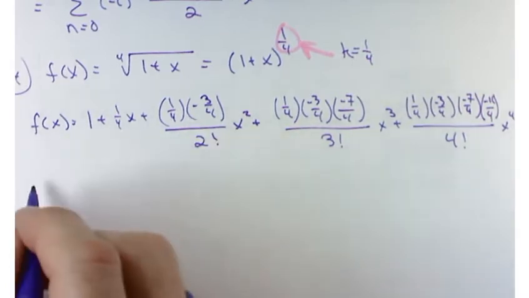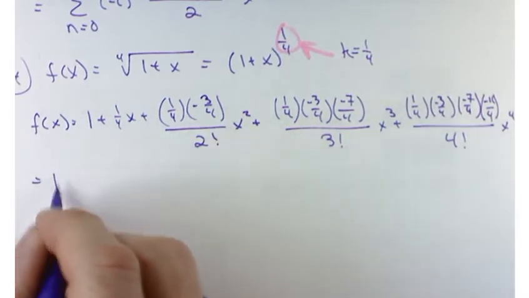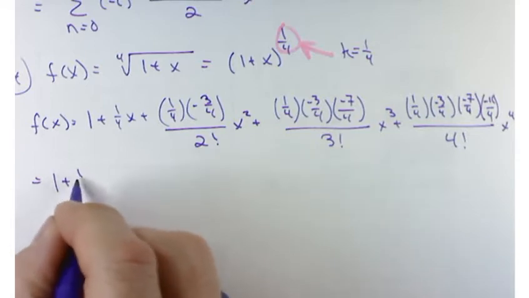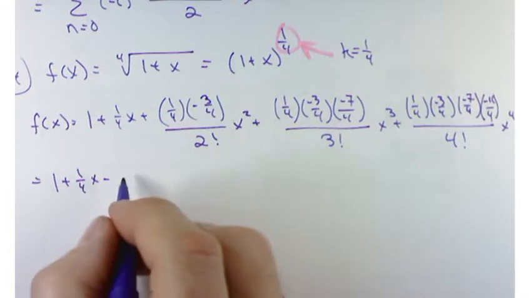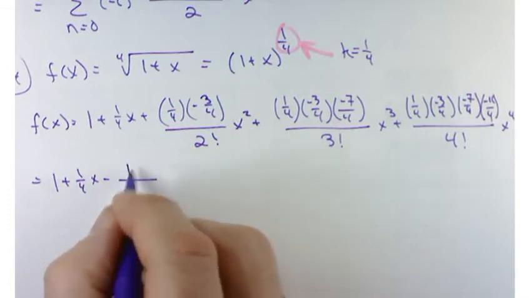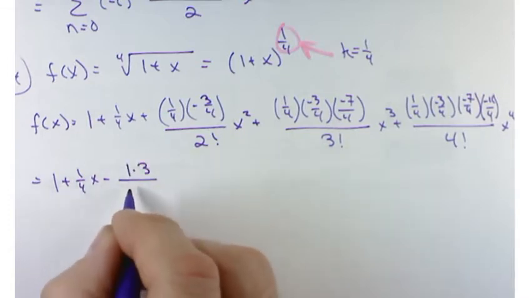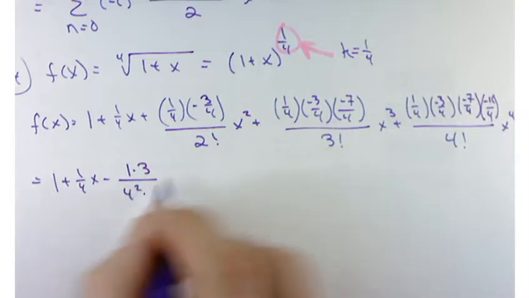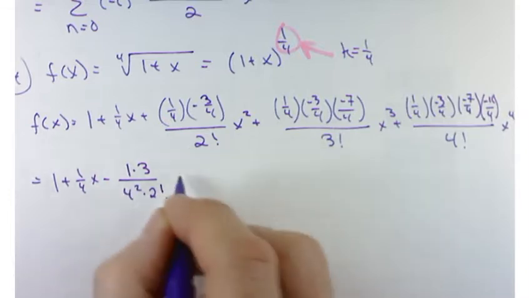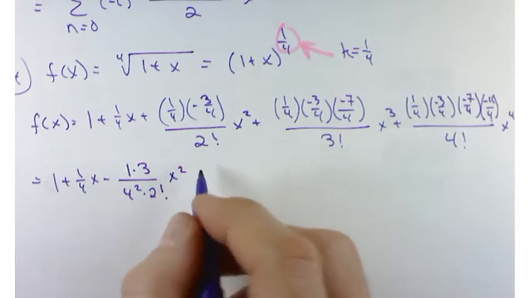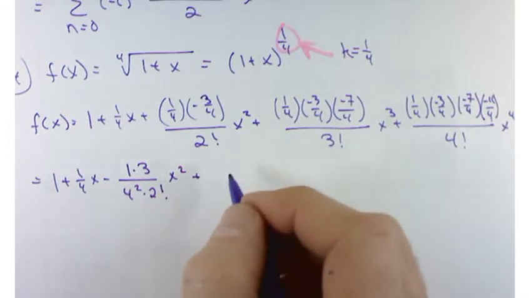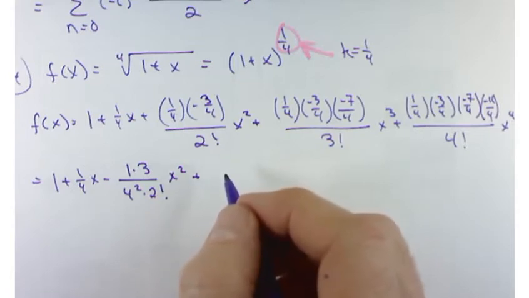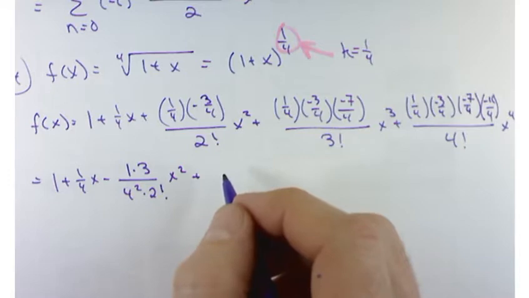We can clean this up a little bit. It doesn't clean up a lot. 1 plus 1/4 x, and then minus, I'll have 1 times 3 over 4 squared times 2 factorial times x squared, plus, let's see, trying to decide if I want to clean this up a little bit.